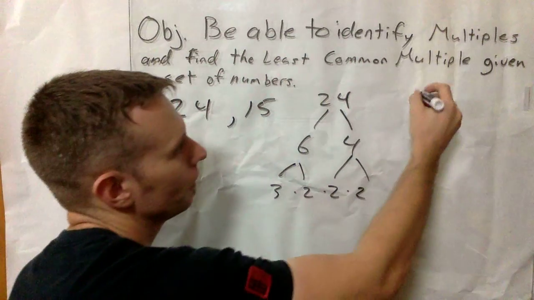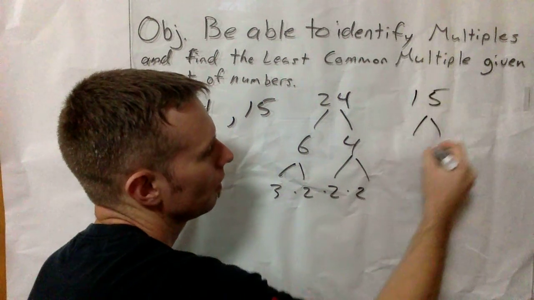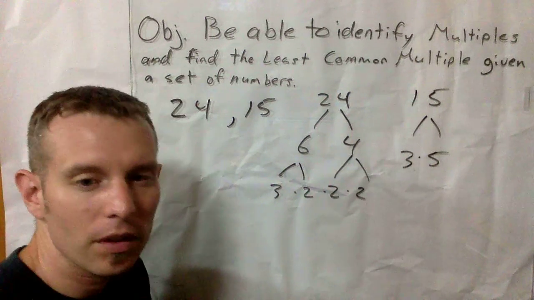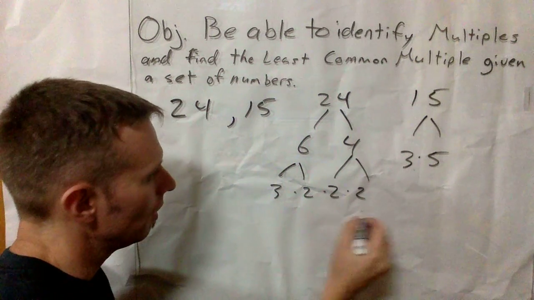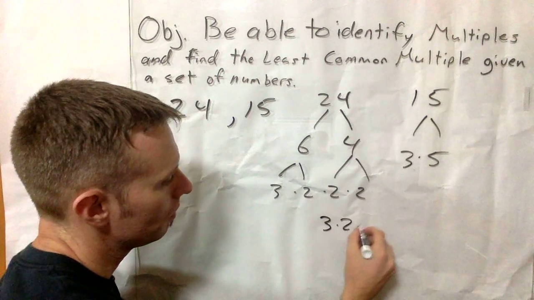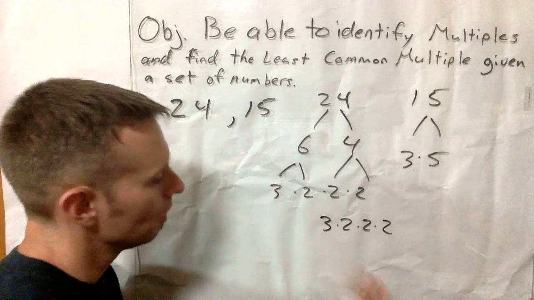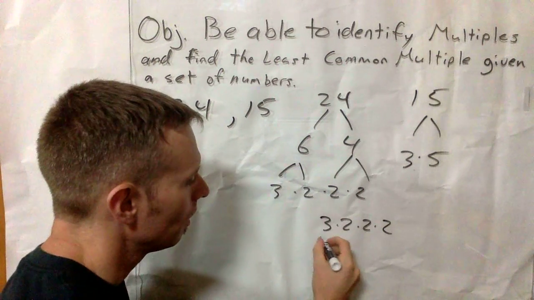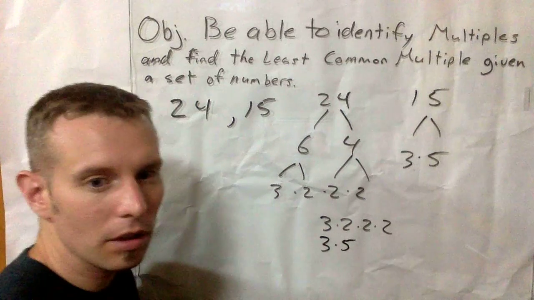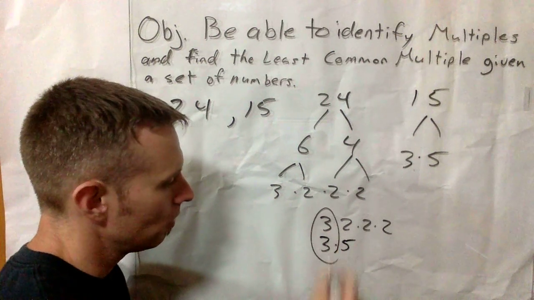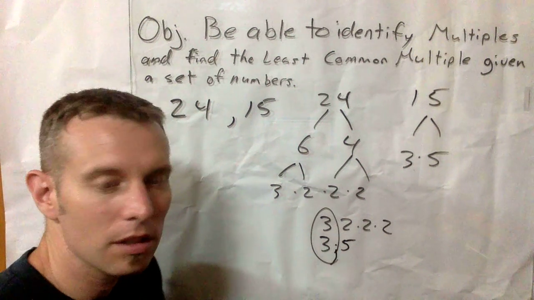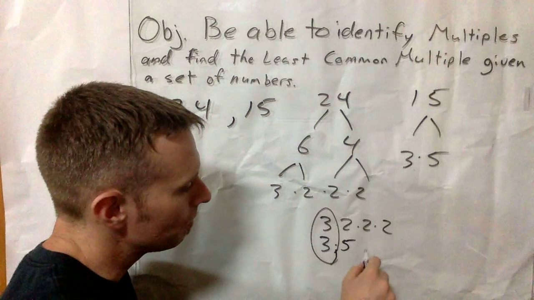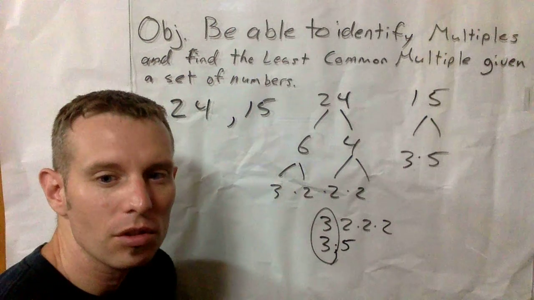And if you factor 15, you will get 3 times 5. So you list those out. 3 times 2 times 2 times 2, or 2 times 2 times 2 times 3, same thing. And 3 times 5, okay, you circle whichever ones they have in common. In this case, they only share one set of 3s. If this was 5 times 2, you'd have another set of 2 circled.